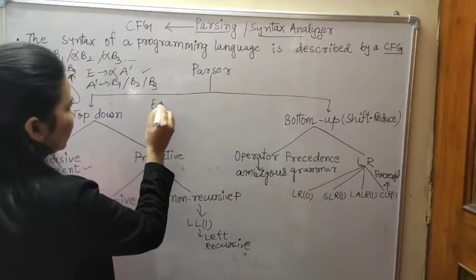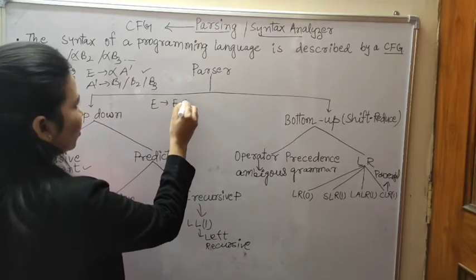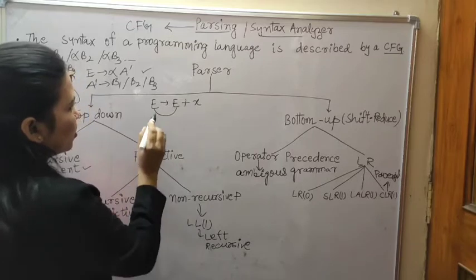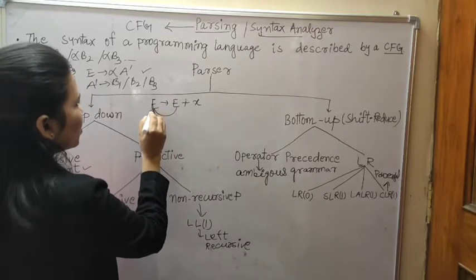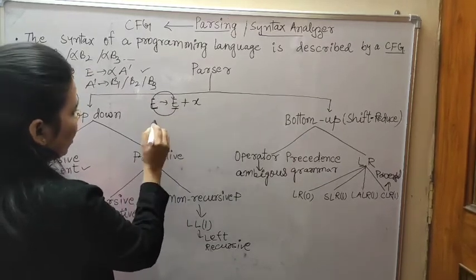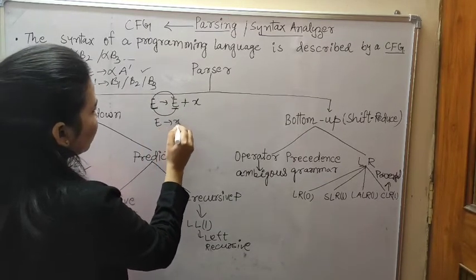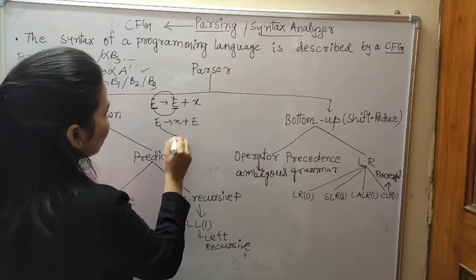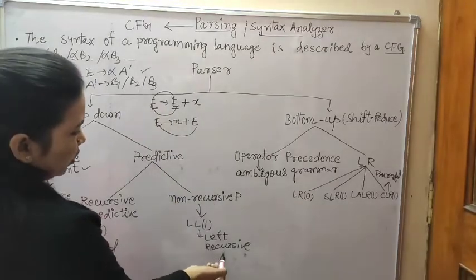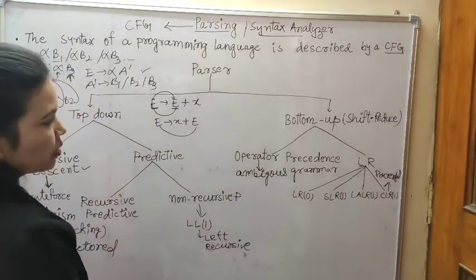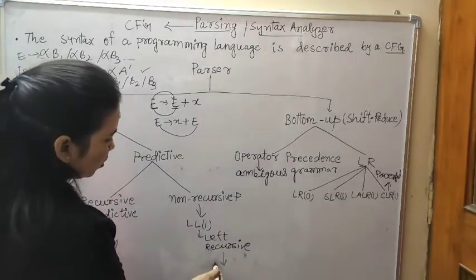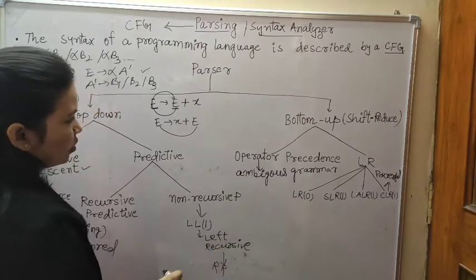Suppose E is given as E plus X. It is left recursive because the expression itself is given first, followed by the rest. That is the left recursion. If the expression is given as X plus E, this is right recursive. So it suffers from left recursion, and that is why we eliminate the left recursion by converting it to right recursion.